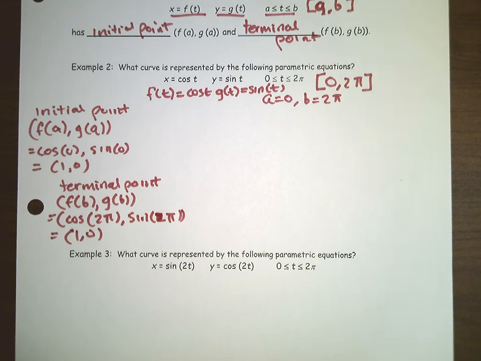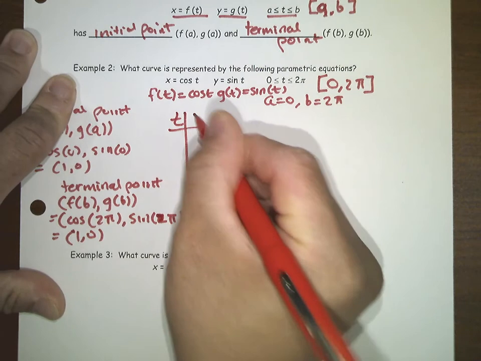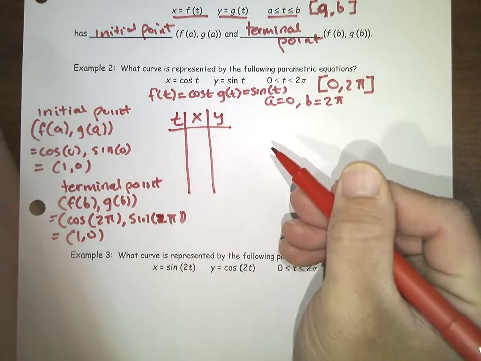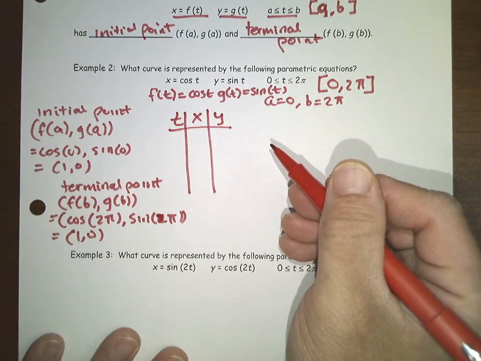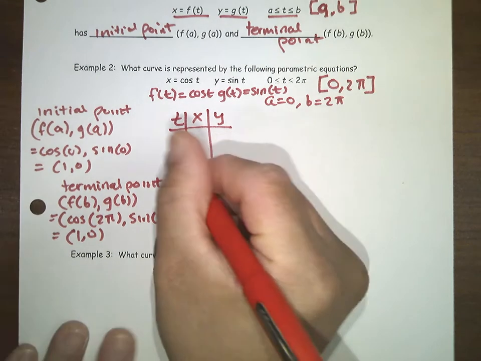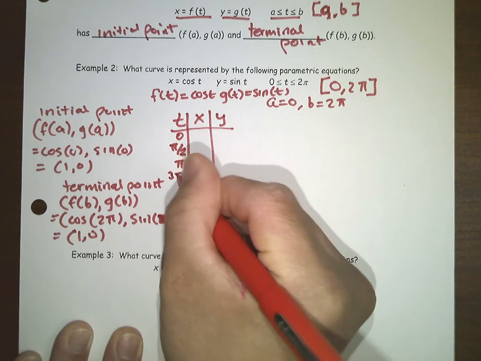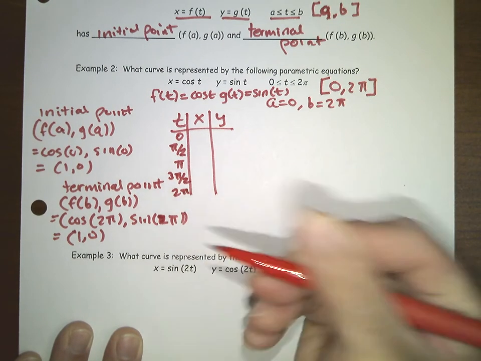That's not really helpful to me to know what is happening in between. So why don't I draw a table again, t, x, and y, and I pick some values between 0 and 2 pi, like 0, pi over 2, pi, 3 pi over 2, and 2 pi.